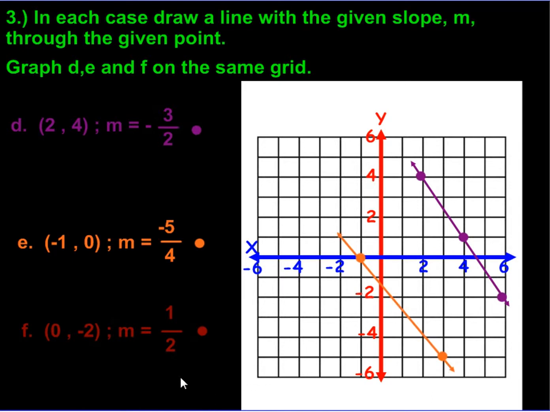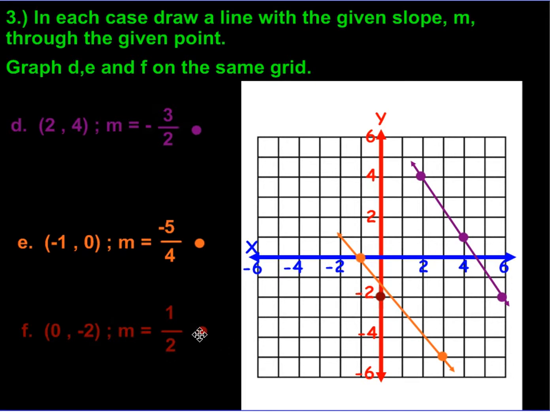All right. And let's take a look at F. First, we're starting off at 0, negative 2. So we're at 0, 0, so we add 0 right here. And then minus 2, so that's going to put us right on the y-axis, negative 2.